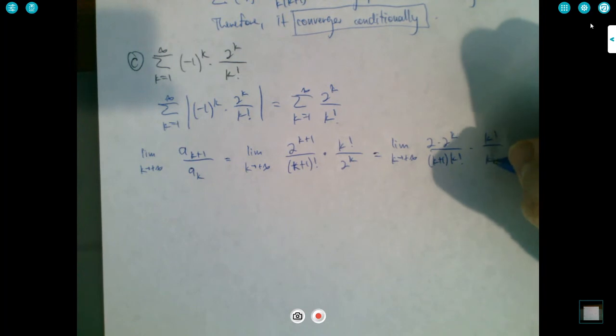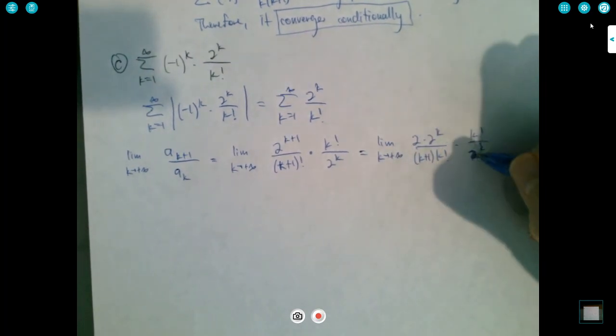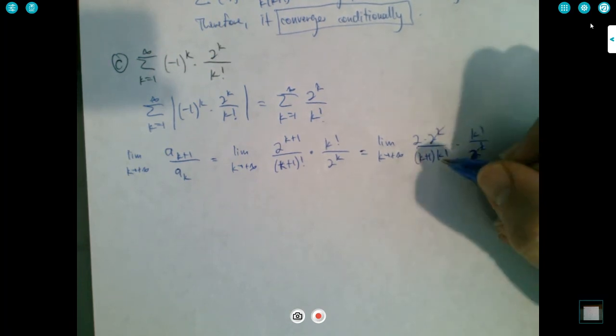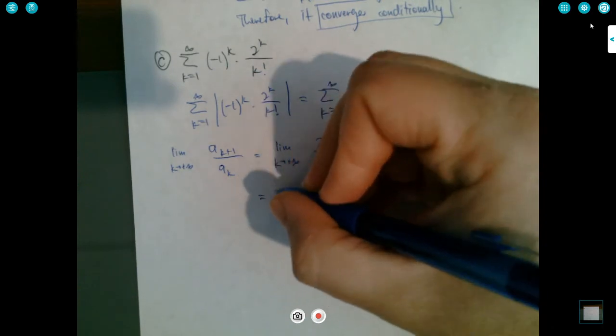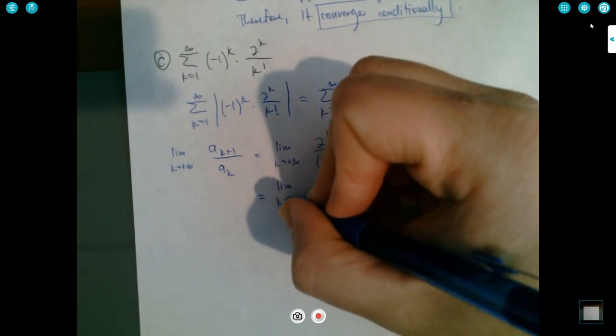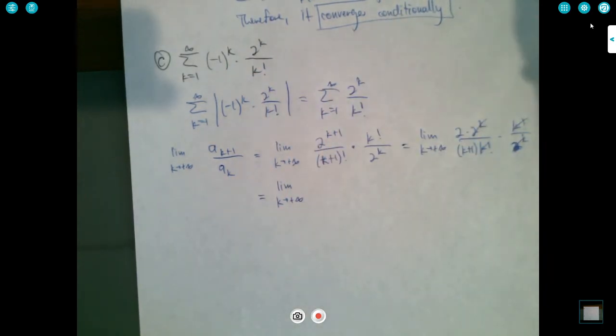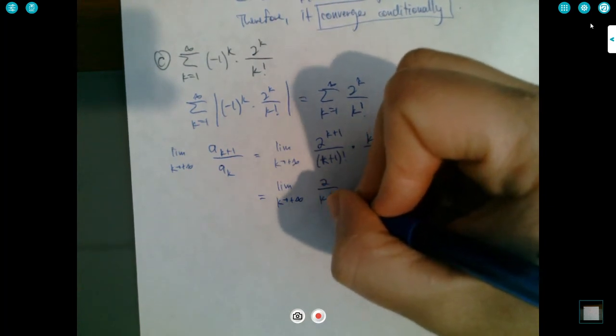I love this. These things are the best, right? 2 to the k, those cancel. We get the limit as k approaches positive infinity of 2 over k plus 1.